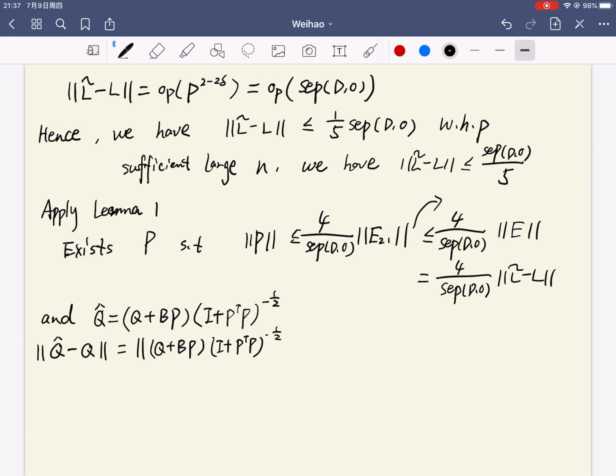The trick here is that we can rewrite Q as Q multiplied by a matrix and multiplied by the inverse of that matrix.